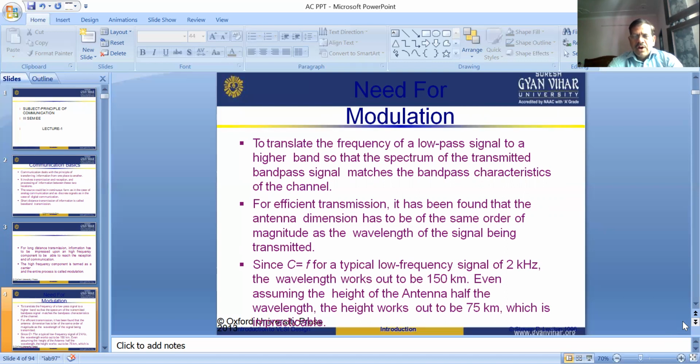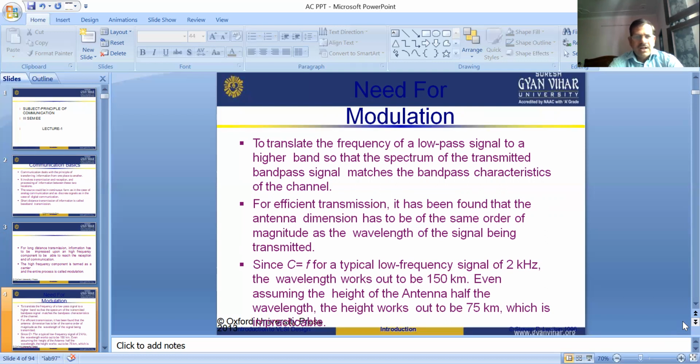Lower band to higher band, the difference between these two frequencies, is what the band pass filter deals with. So in a modulation system, the low pass signal is transmitted to a higher band or higher frequency, so that the spectrum of the transmitted band pass signal matches the band pass characteristics.